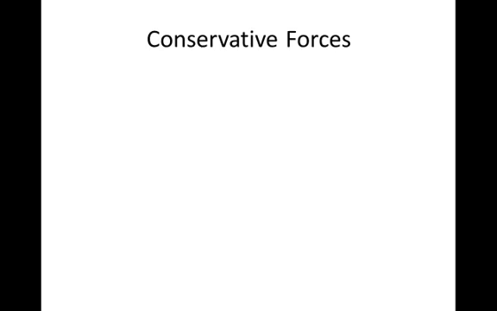This section is really a follow-up to section 7.3, where we talked about the idea of a path-independent force. One way to look at this is to consider the work done going between 2 points. Let's say I've got point R1 here and point R2 over here.